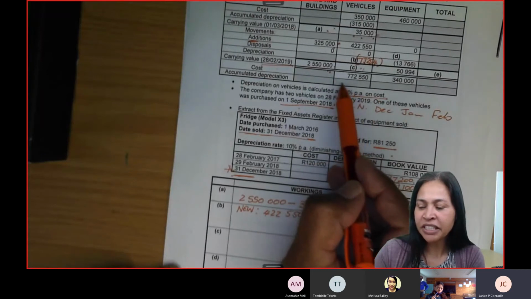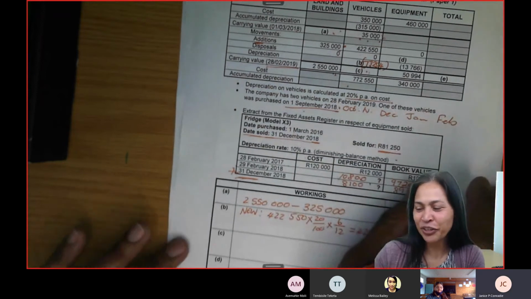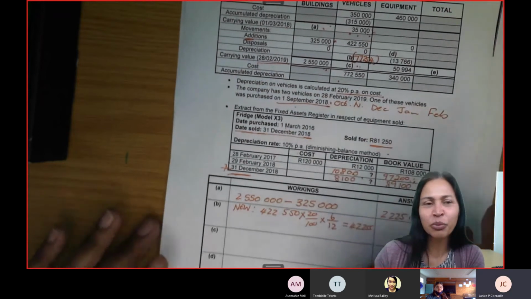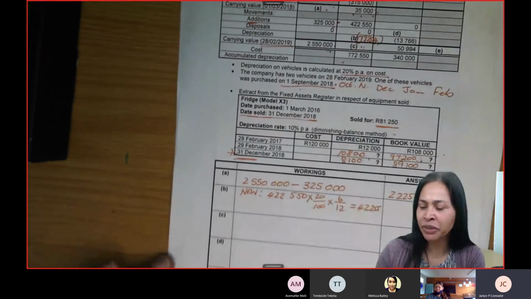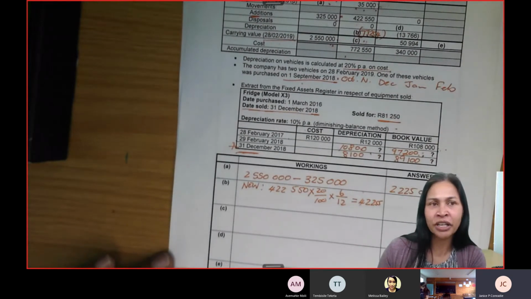Did you take the accumulated here? Did you enter for yourself accumulated here at the bottom? Oh no, I made a mistake because I put the depreciation in that amount. Okay, that's all good. Thank you for participating. That is what is important. We learn from our mistakes, isn't it? If we give input, we know what it is we need to do next.